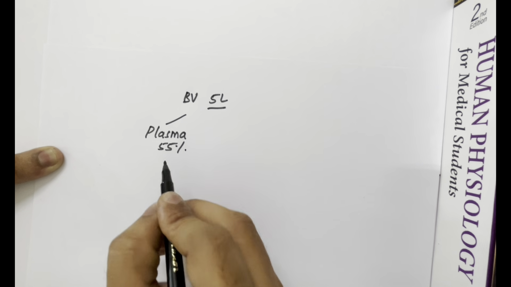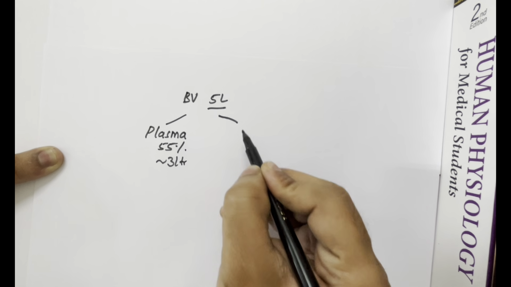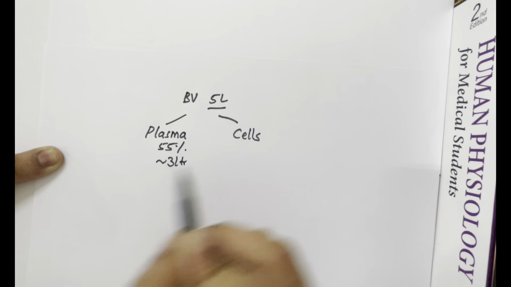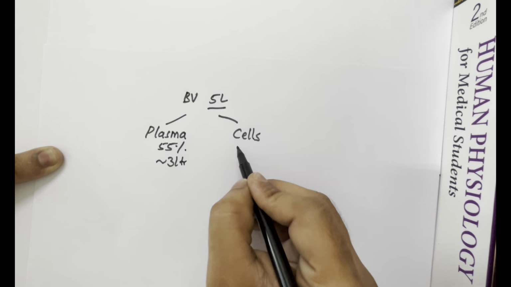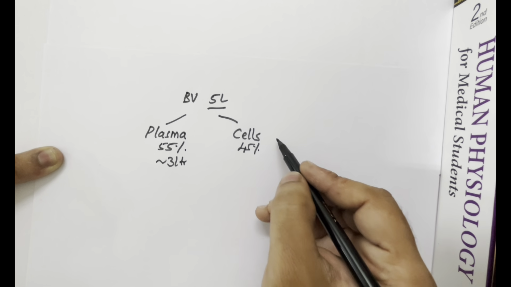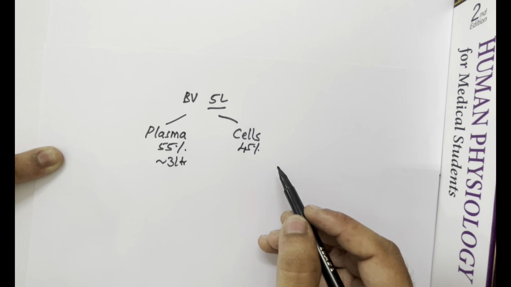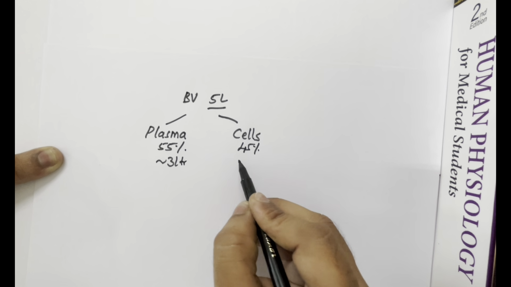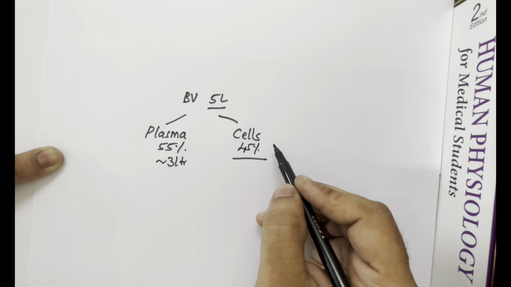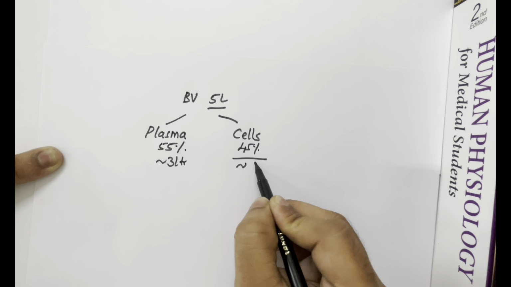This accounts to nearly 3 liters. 3 liters is plasma and the remaining is cells. The cell volume is around 45%. So what are the different cells? RBCs, WBCs, platelets are the three different types of cells present in the blood, totally accounting for 45% of total blood volume. This accounts to nearly 2 liters.